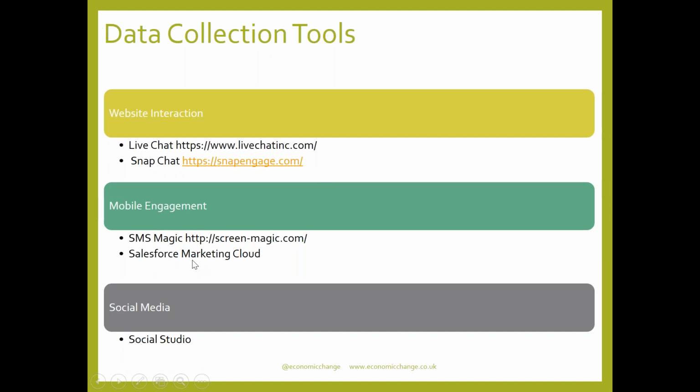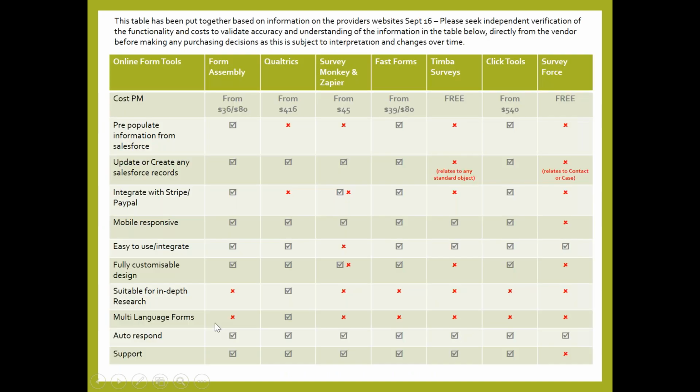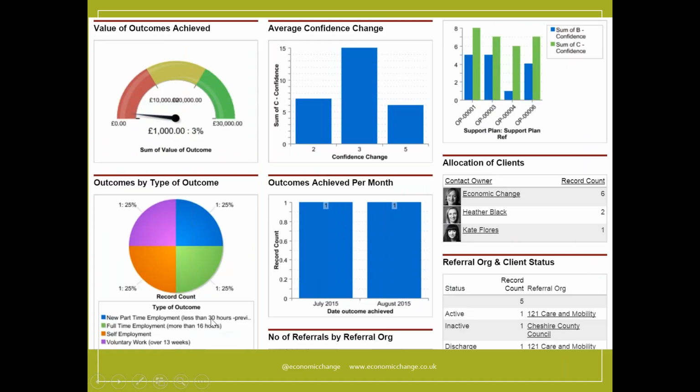You've got mobile engagement in terms of text, bringing text messages into your system, and you've also got Salesforce Marketing Cloud now, which works across custom objects and allows for text messaging and email communication and that information being tracked back into the system. We're not covering Marketing Cloud today, but I'm sure that's another one that we'll do on our webinars. And then you've got social media, Social Studio provided by Salesforce as well. So there's lots of different ways of getting data into your system.